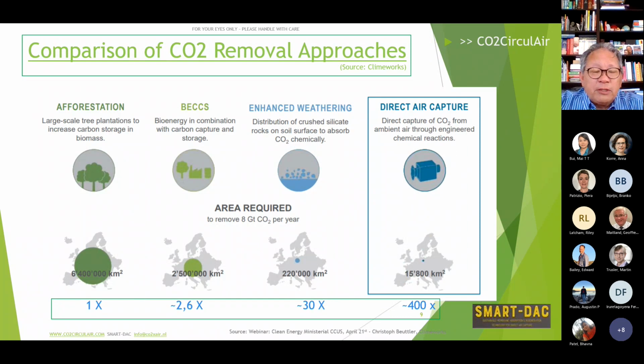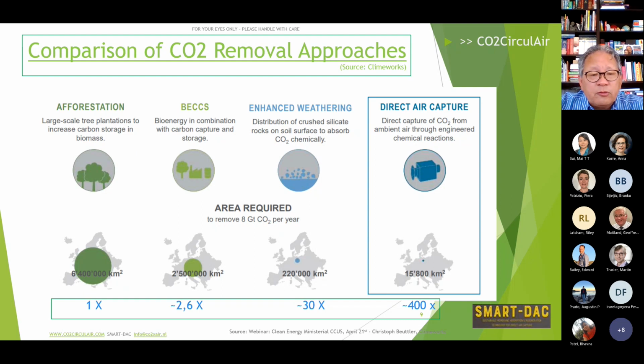Now, this picture is probably known by many of you. This was part of the webinar of April 1st, 2020. There, four CO2 removal approaches were presented and compared with each other: afforestation, BECCS, enhanced weathering, and direct air capture.